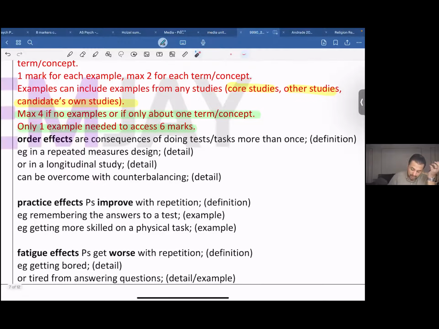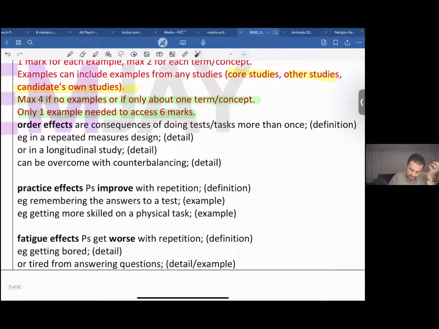Moving on, order effects. Order effects are consequences of doing tests or tasks more than once. Example, in a repeated measures design.